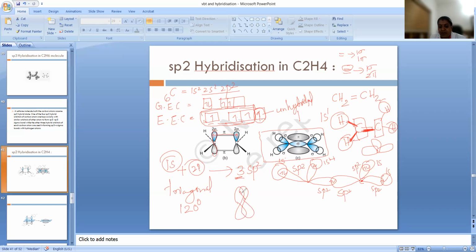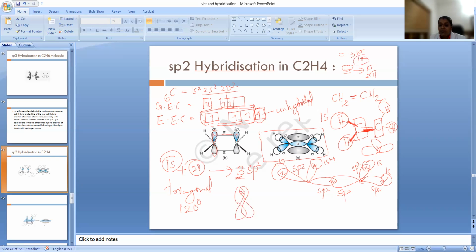So we know that sideway overlap means what? Sideway overlap means pi bond formation, right? So pi bond formation happens between these unhybridized orbitals. That is why we are getting a pi bond here. Okay, and what will happen? It has two lobes, right? So this electron has a tendency to move to this lobe and that lobe. The same here also: this electron will be moving from here to here, continuously flipping.